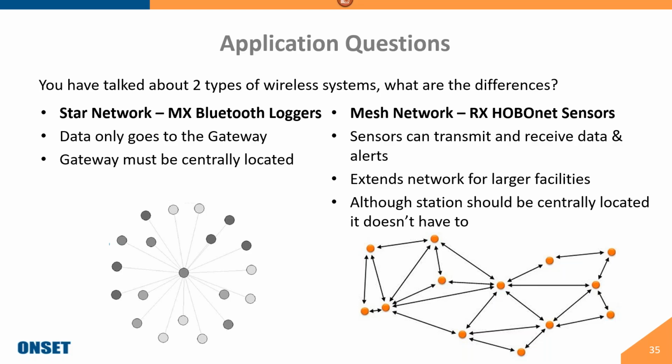But again, the benefit of this here is that it can hop and the sensors can talk to each other. They can use each other as repeaters and then finally come back to one particular location where that data then gets sent up to HOBOlink. And I hope to be looking at that here down the road too.